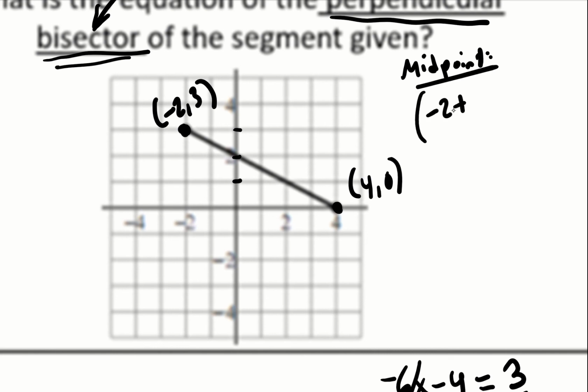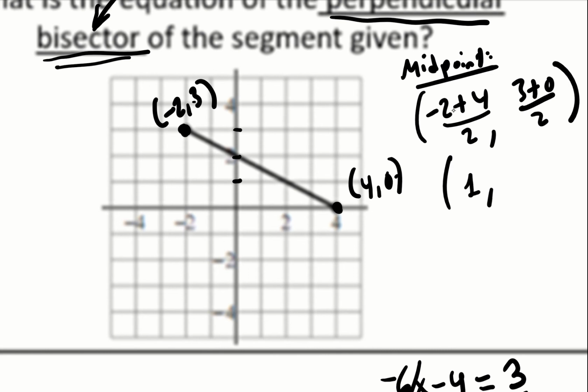So we're going to add the x values together, divide by 2. Then next we're going to add the y values together, divide by 2. So negative 2 plus 4 is 2. 2 divided by 2 is 1. This is going to be 3 divided by 2, which is 1.5. So my midpoint is 1 and 1.5 right here. So that's my midpoint.